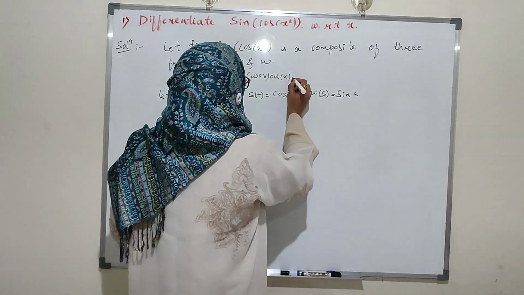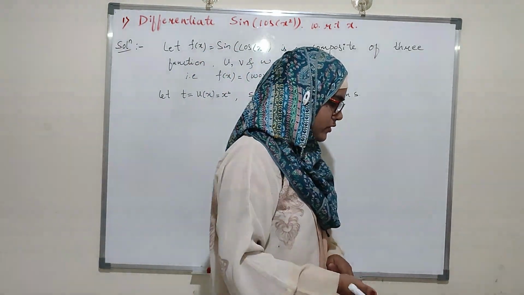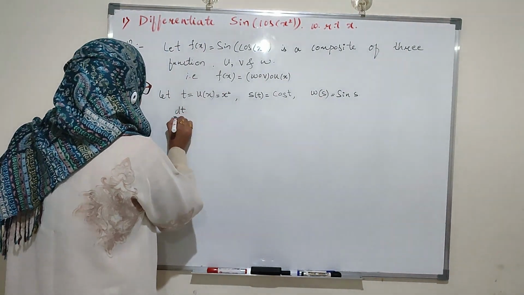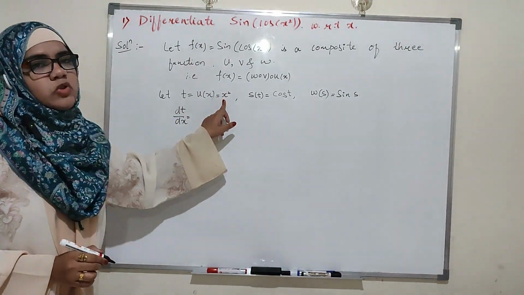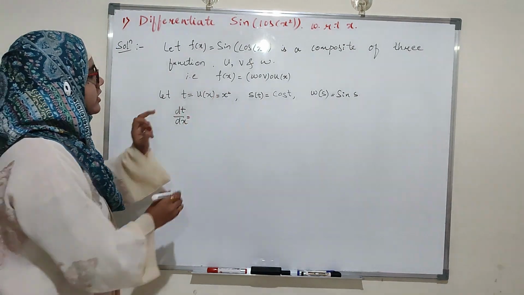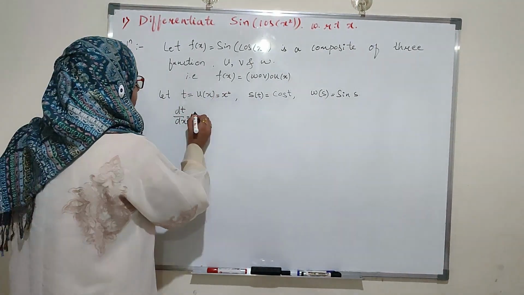Here we can see, now we have to differentiate. Now we are differentiating, then we will get dt by dx. T is in terms of x, that's why we are differentiating t with respect to x. We will get, x square differentiation is 2x by using the x raised to n formula.